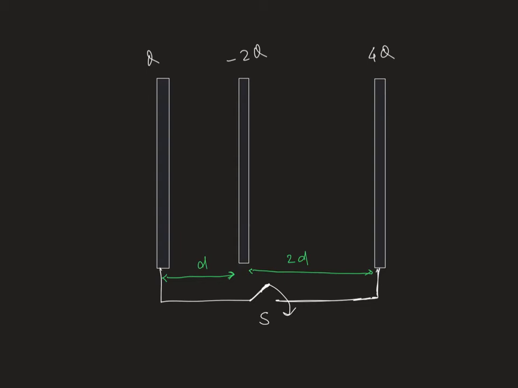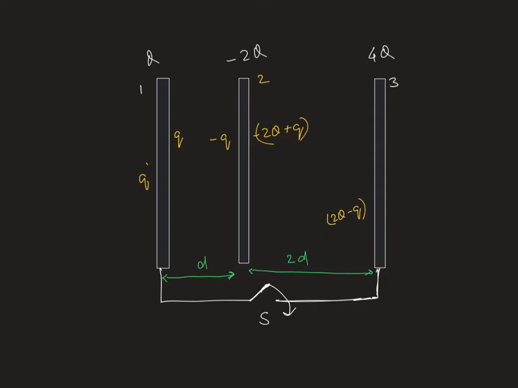Now as you close the switch, you know that there is a transfer of charge between plate 1 and plate 3. So you can say that the charge on plate 1 is not conserved, the charge on plate 3 is not conserved, but the charge on combined plates 1 plus 3 is conserved.